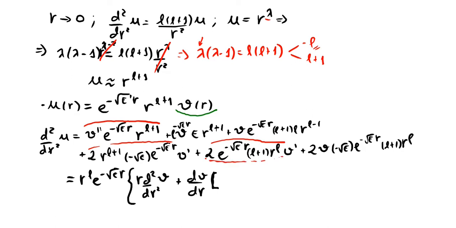I will actually put this 2 in front of it. Then in the first term there will be something like L plus 1, and r^L is already there, and there will be another term which is minus square root of E, right? And there must be an r here also, because here this is just L, and in the exponent here there's L plus 1. So this is okay.